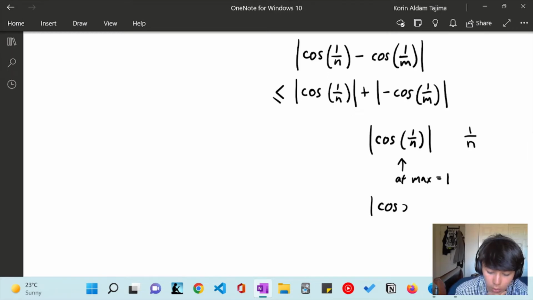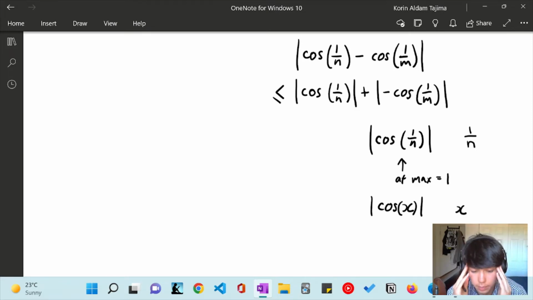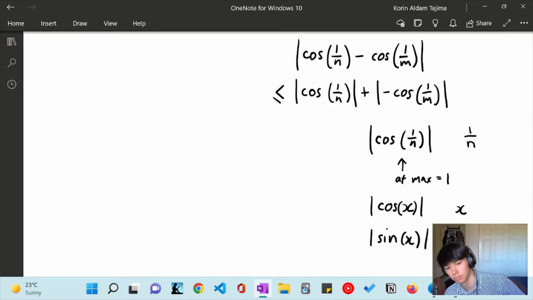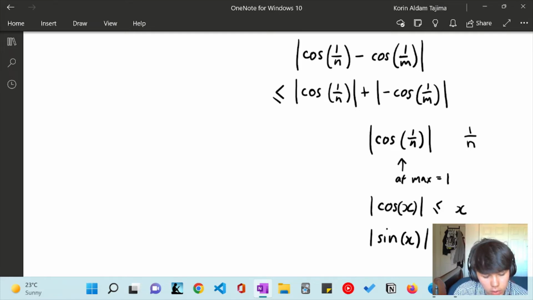So what does the cosine of x do when compared to x? It means cosine is always less than or equal to x as well, because cosine is just sine shifted by pi on 2.